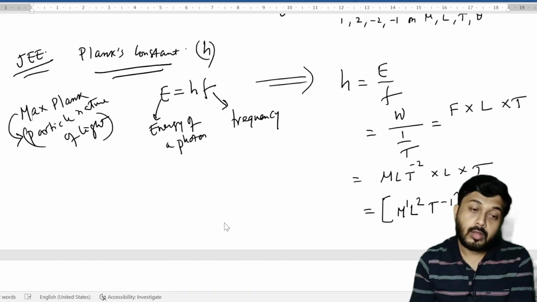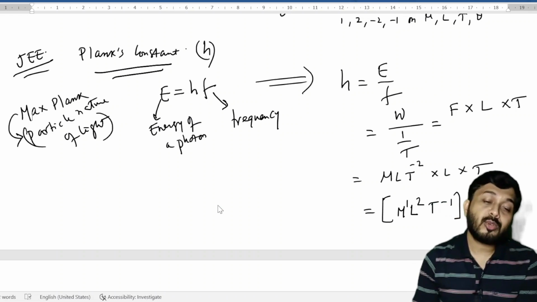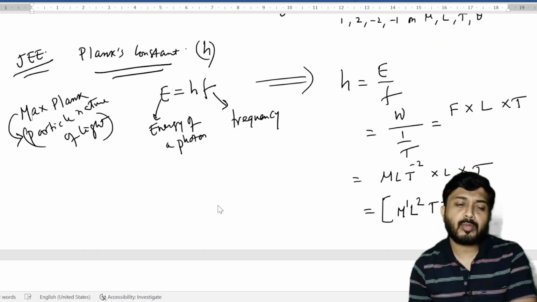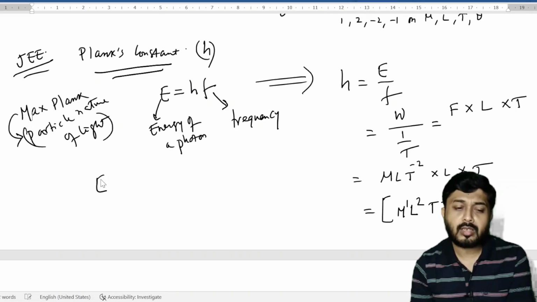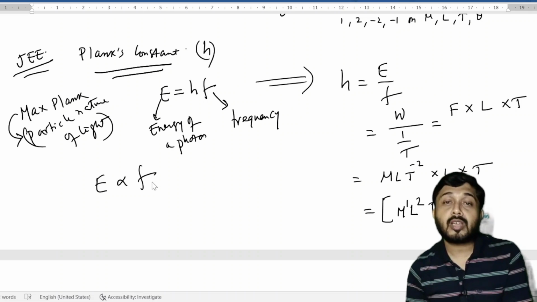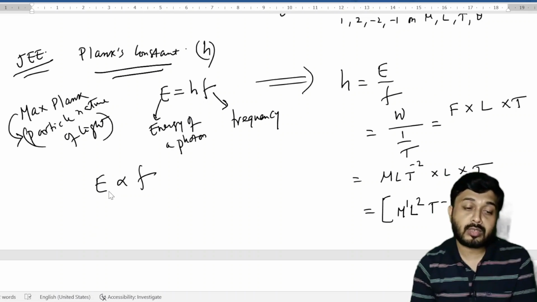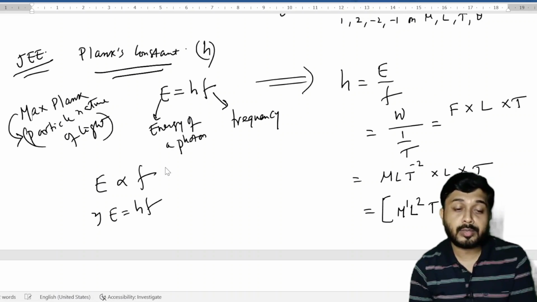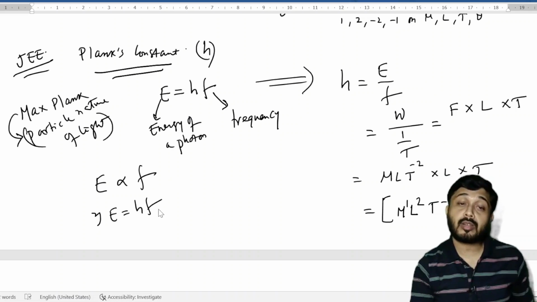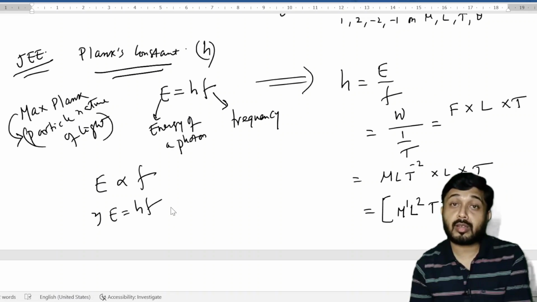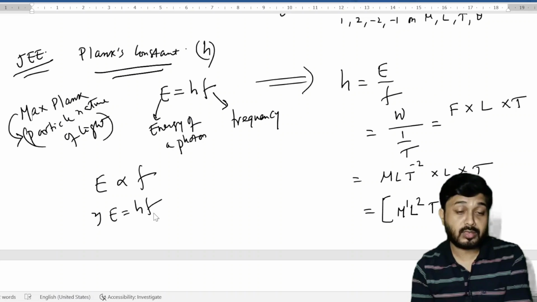Here the point to be noted is that h, which is Planck's constant, is just a proportionality constant. Actually E is proportional to f. Energy of a photon is proportional to the frequency, and after that comes the Planck's constant, E equal to h f. So h is nothing but a proportionality constant. Keep in mind that proportionality constants may not be dimensionless always.